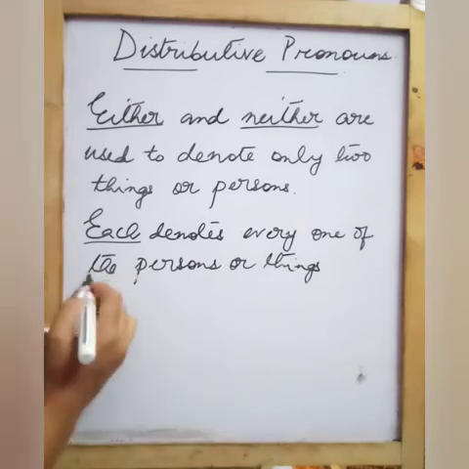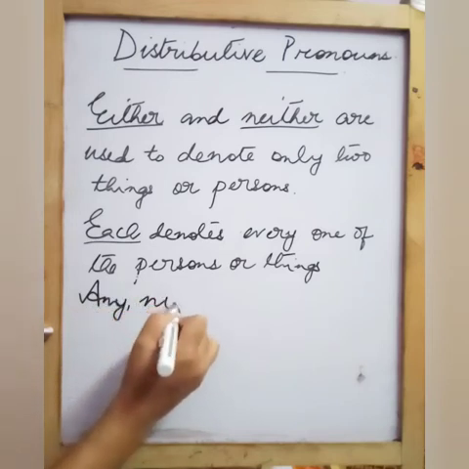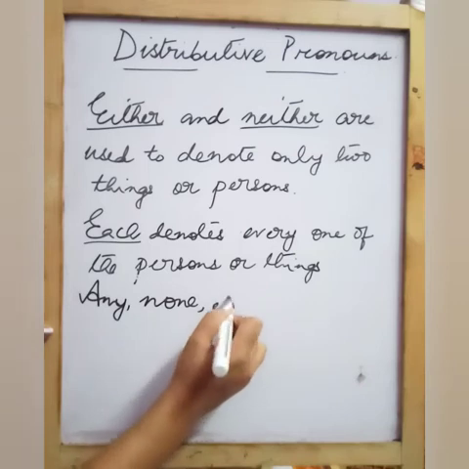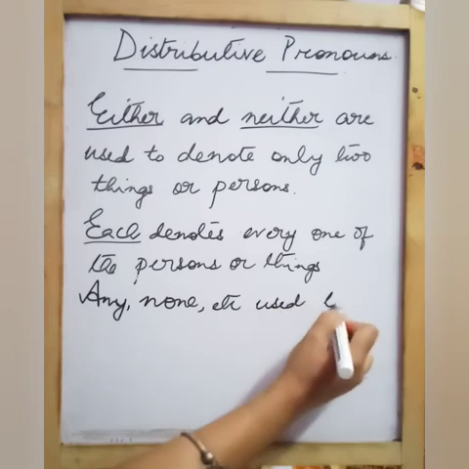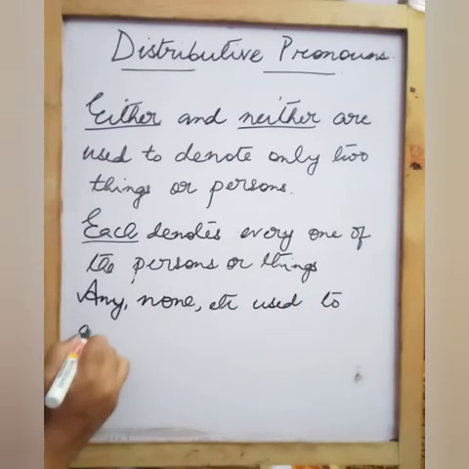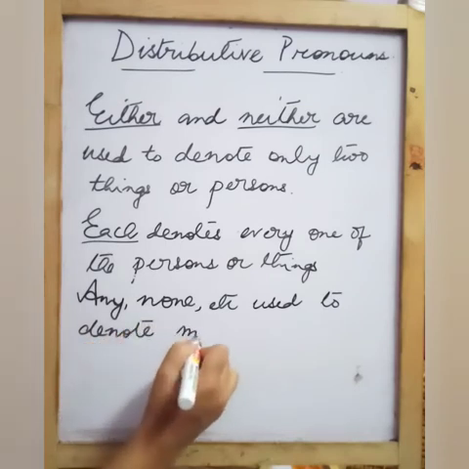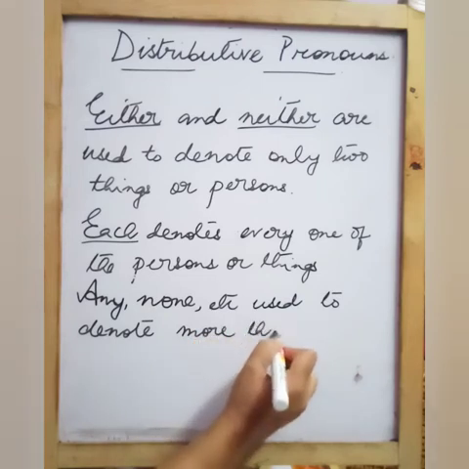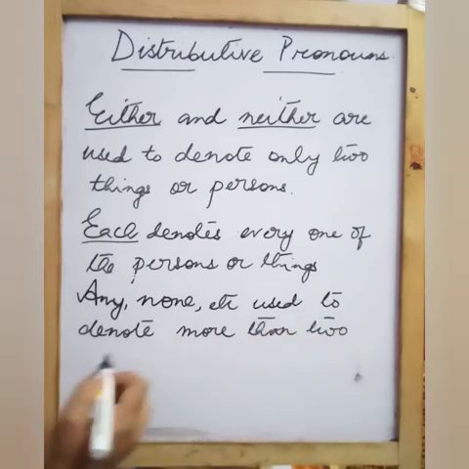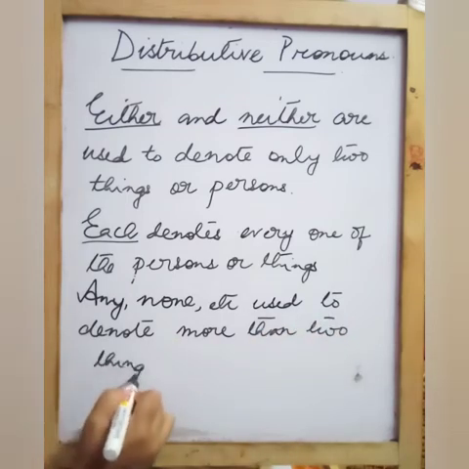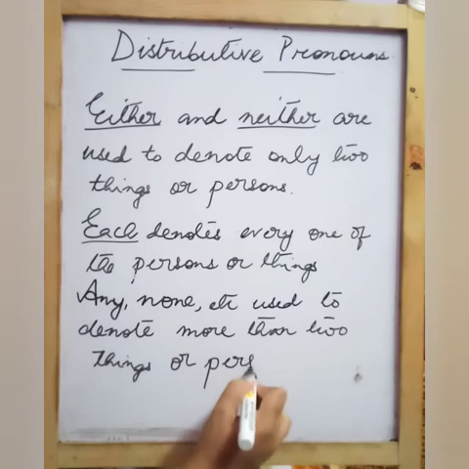Then also there are any, none, etc. What are they used for? They are used to denote more than two things or persons, isn't it?